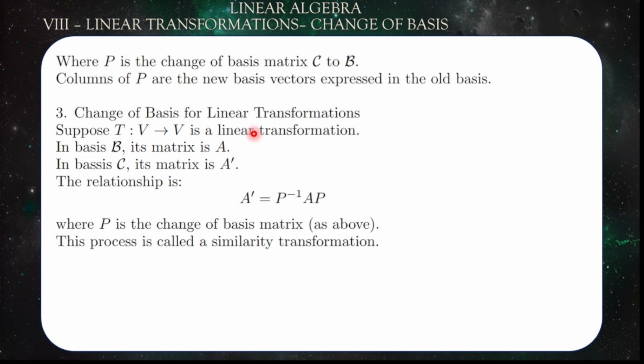So, change of basis for linear transformation. Suppose T, a transformation of V into V, is a linear transformation. In basis B, its matrix is A. In basis C, its matrix is A prime.